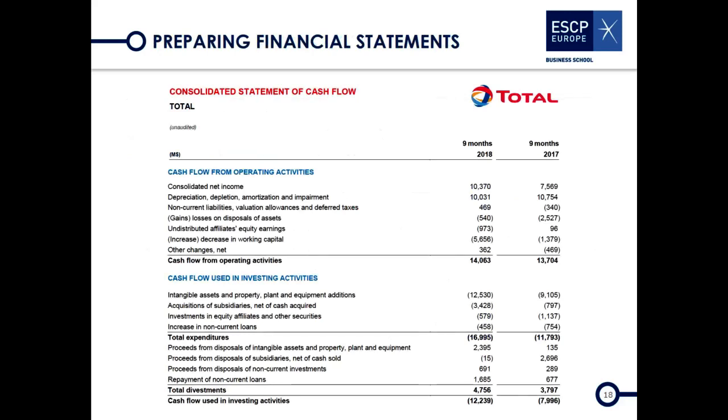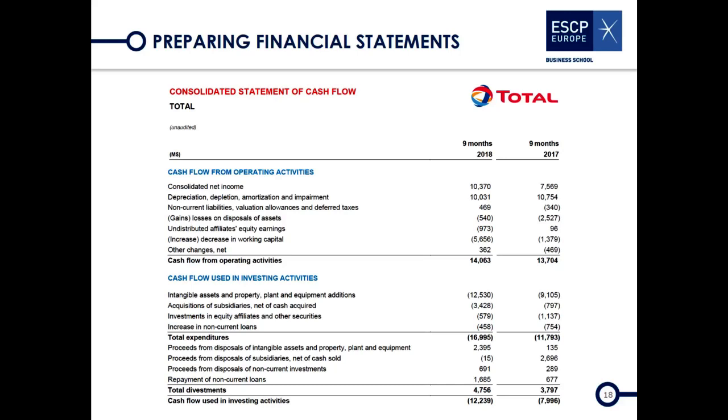Okay, so we can look at the statement of cash flows of Total. They use the indirect method for the operating activities. So they start with the consolidated net income, as you can see here. They start with that 10 billion that they have earned as net income. Then the next position is depreciation, which means they add back depreciation, 10 billion.